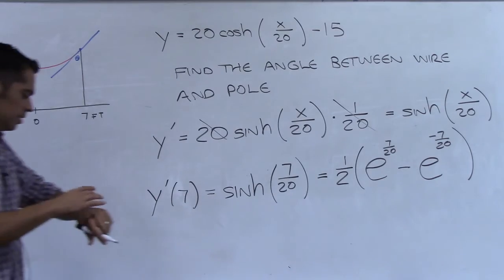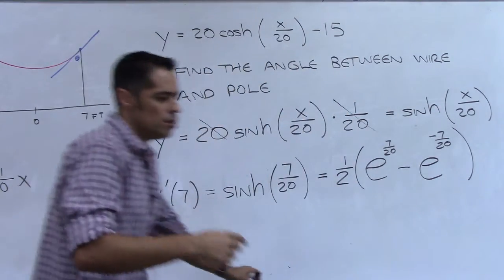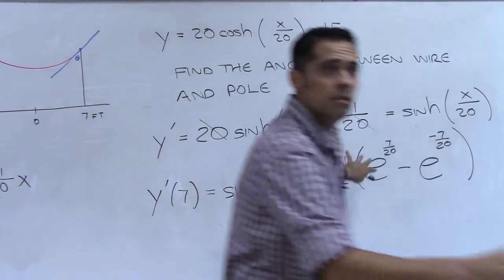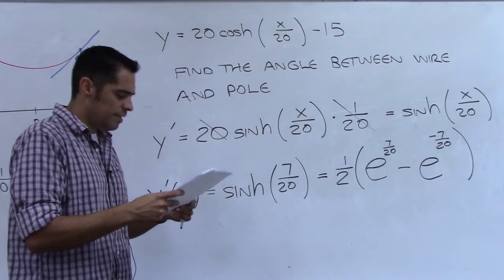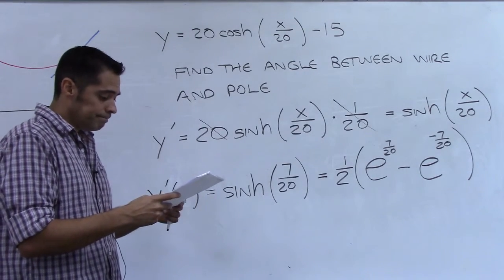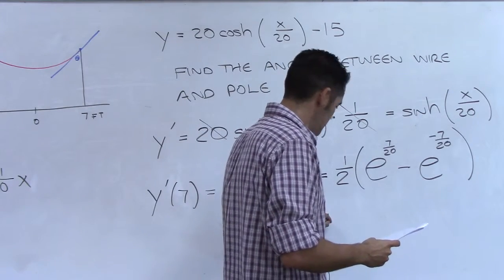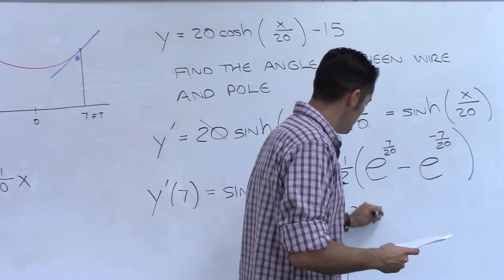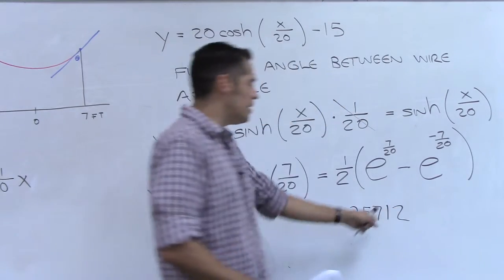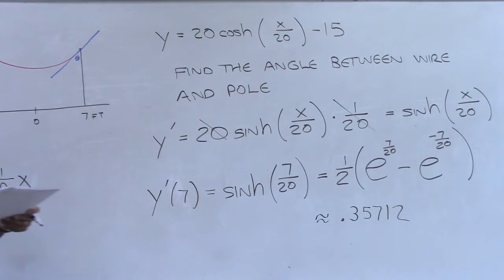On your own, make sure that you can plug this into your calculator and get the correct answer. You should get about 0.35712. I rounded that last digit, and I'm going out 4 or 5 decimal places here.